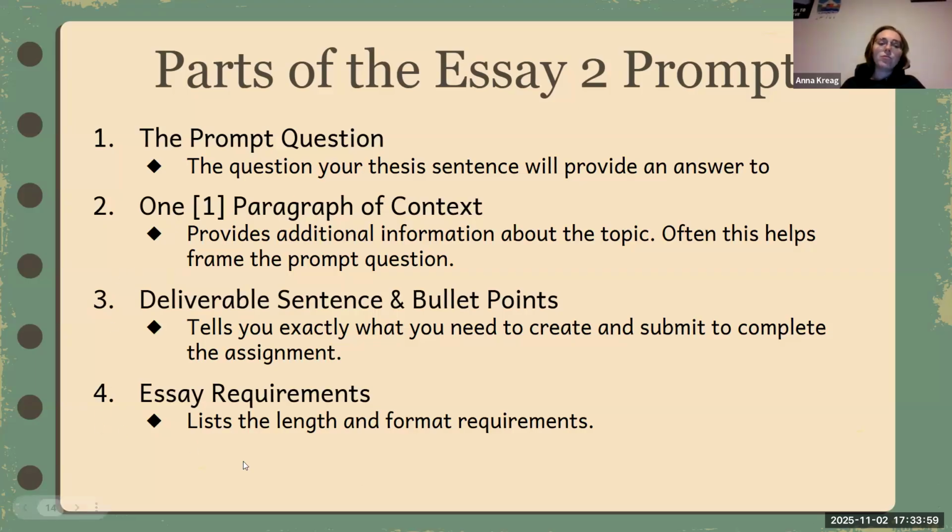And then 3 and 4 are the same for every essay option for this essay: your deliverable sentence and bullet points. You might be asked something slightly different on the deliverable sentence, but the bullet points are the same. Your deliverable is an argumentative essay. And the more general formatting requirements, everybody will be reaching those same format requirements.